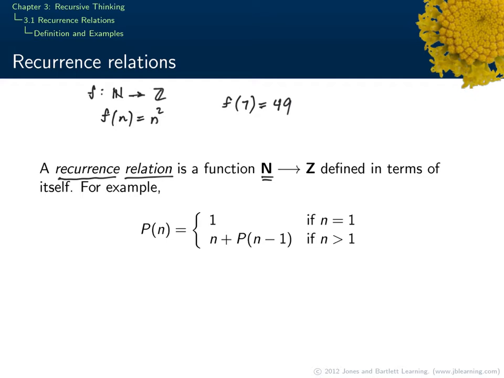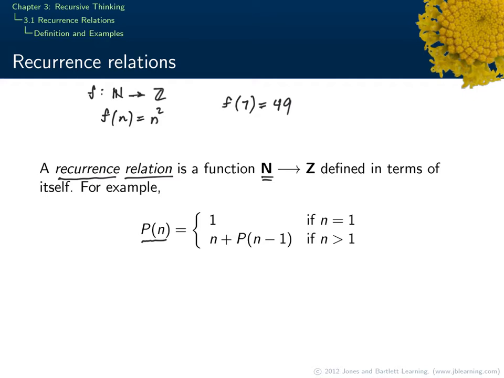So here, in the bottom of the slide, we have a recursive definition for a function, p of n. So p of n is supposed to tell us what the output is for a given input n. And we see that if n equals 1, we know immediately what the output is. It's equal to 1.